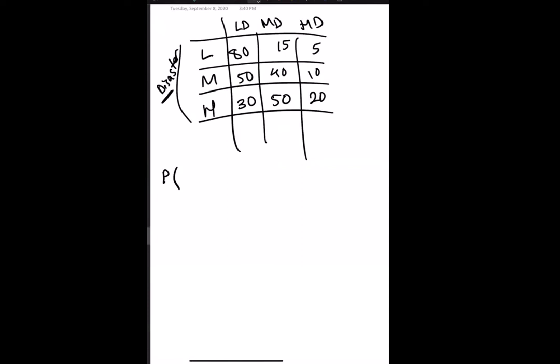So do you do probability of heavy debris given that it's either moderate or high. So it has to have a union in it, right? Yeah.